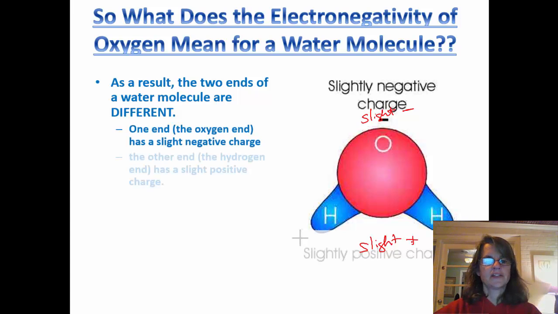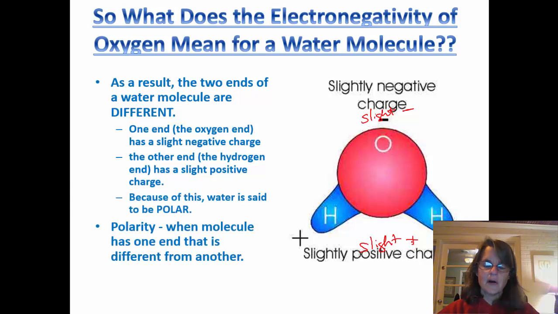So oxygen has slight negative, hydrogen slight positive, and because they have two opposite ends, water is said to be polar. Just like a magnet has a north and a south pole, and they're different, water has a positive and negative pole. So polarity is when a molecule has one end that is different from another.